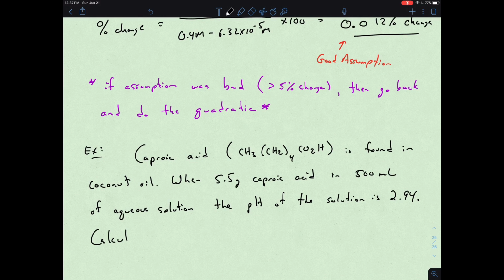What I want us to do is calculate the pKa of caproic acid.